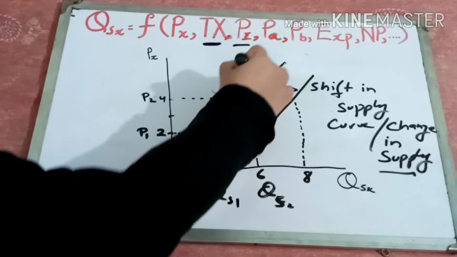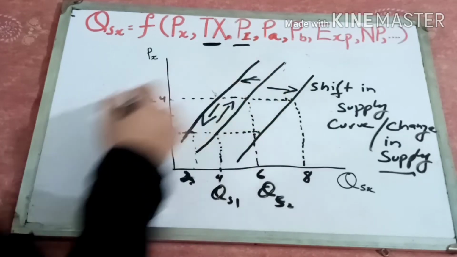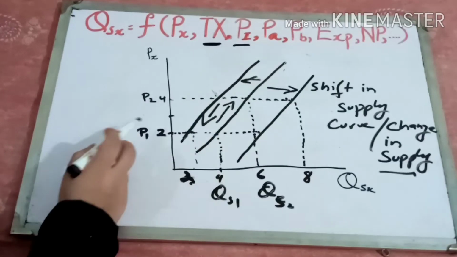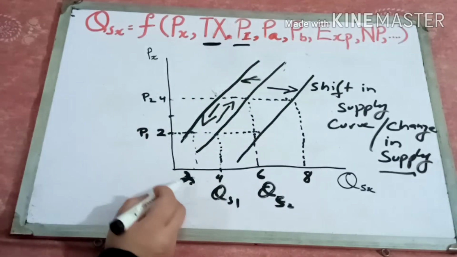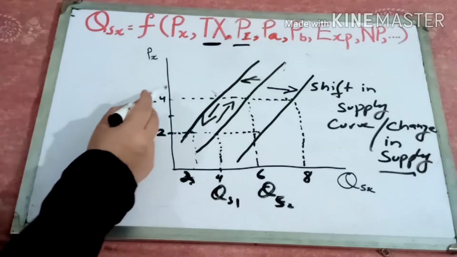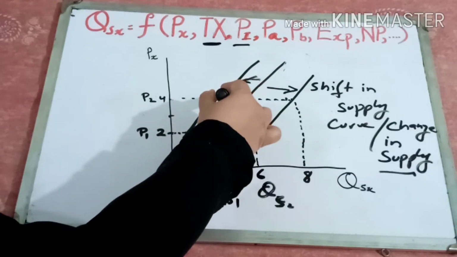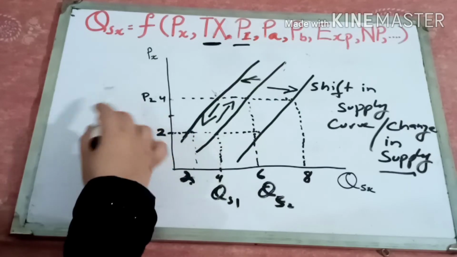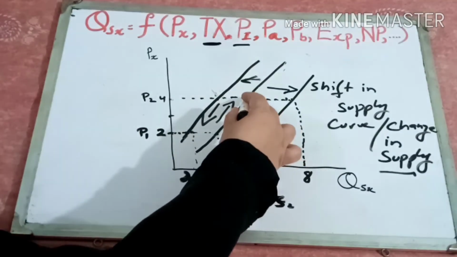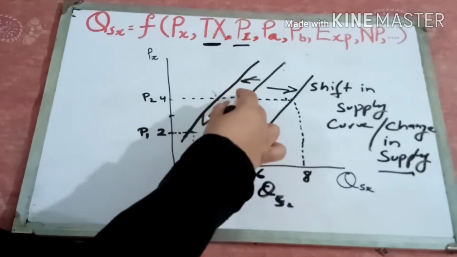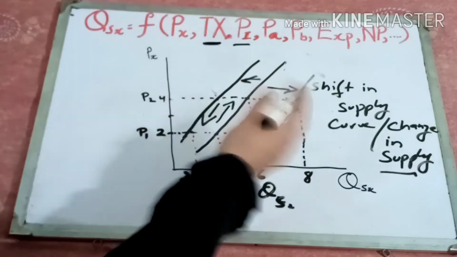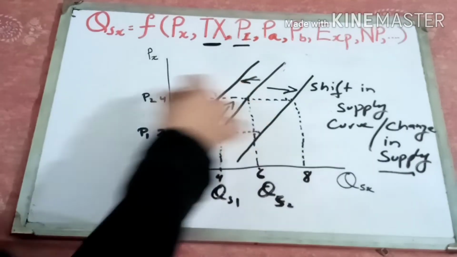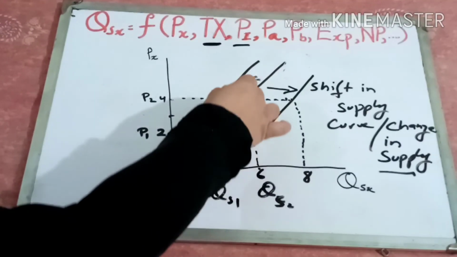Now there would be an inward shift, which is again a shift in the supply curve. At $2 they want to supply 2 units. At $4 they now want to supply 4 units, whereas previously, without any shift or changes, they were willing to supply 6 units at the $4 price.